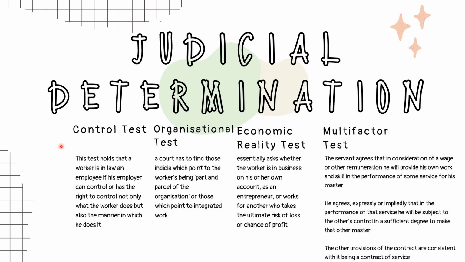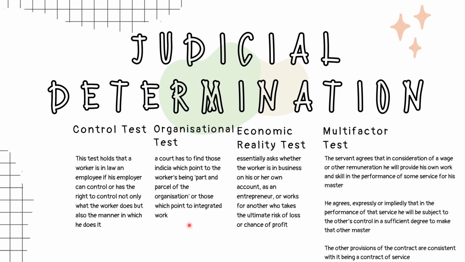In contemporary times, controlling the manner of doing work is only one indicium to which the courts will look in determining the status of a worker. It is fair to say that the control test, therefore, is no longer decisive on its own, but it still has great importance. So we're going to move on now to the organizational test, right?